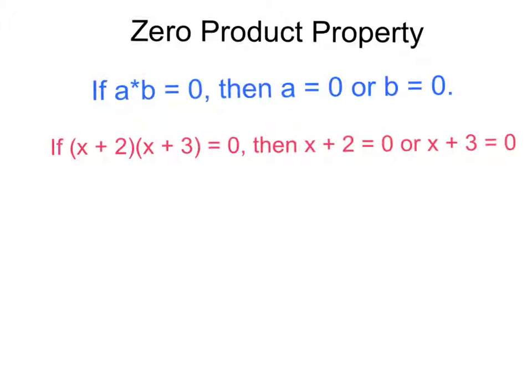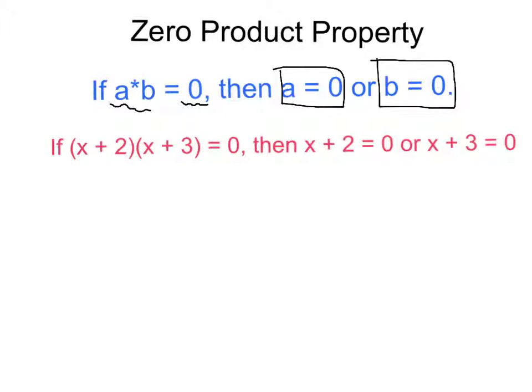Before we begin solving quadratics by factoring, we have to understand one quick property, and that is the zero product property. It simply says that if you multiply two numbers together, A times B, and the result is 0, then that means that either A had to be equal to 0 or B had to be equal to 0.